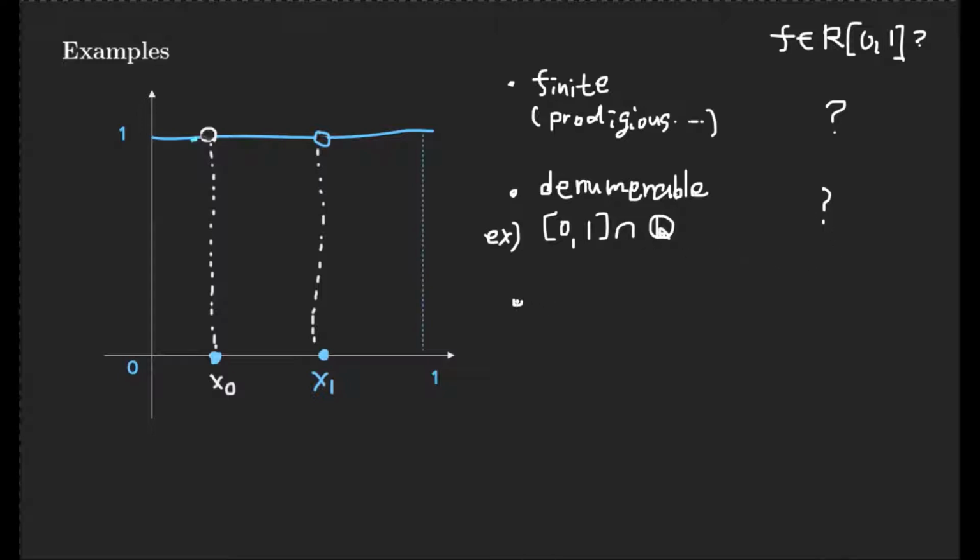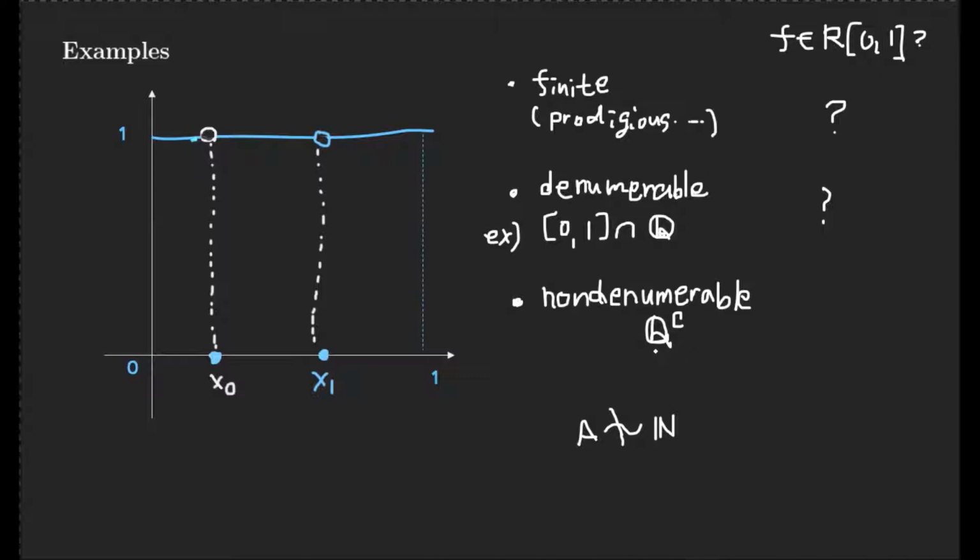And another question: what if the set of discontinuous points in the given interval is non-denumerable? For example, the irrational numbers are non-denumerable. Non-denumerable means the set does not match the natural numbers.